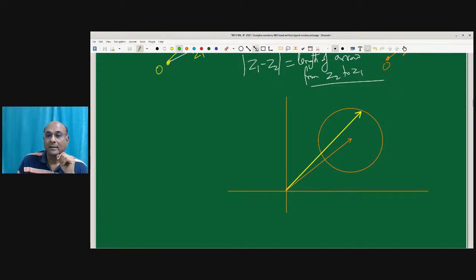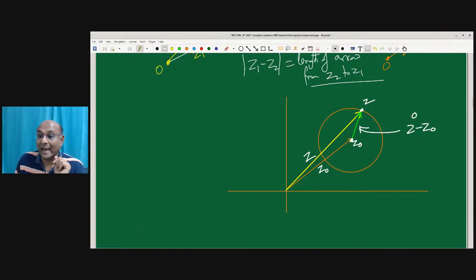This is Z. This is, let us say, the center, which I will call Z0. This point is Z0. This point is Z. What about this arrow? Z minus Z0. Is this the complex number Z minus Z0? No, this is the arrow Z minus Z0.